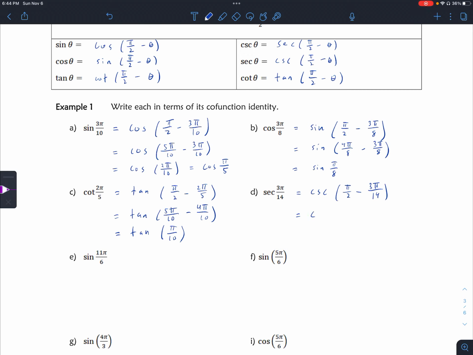So then this would become cosecant of 7 pi over 14 minus 3 pi over 14, which is going to give us cosecant of 4 pi over 14, which is cosecant of 2 pi over 7.